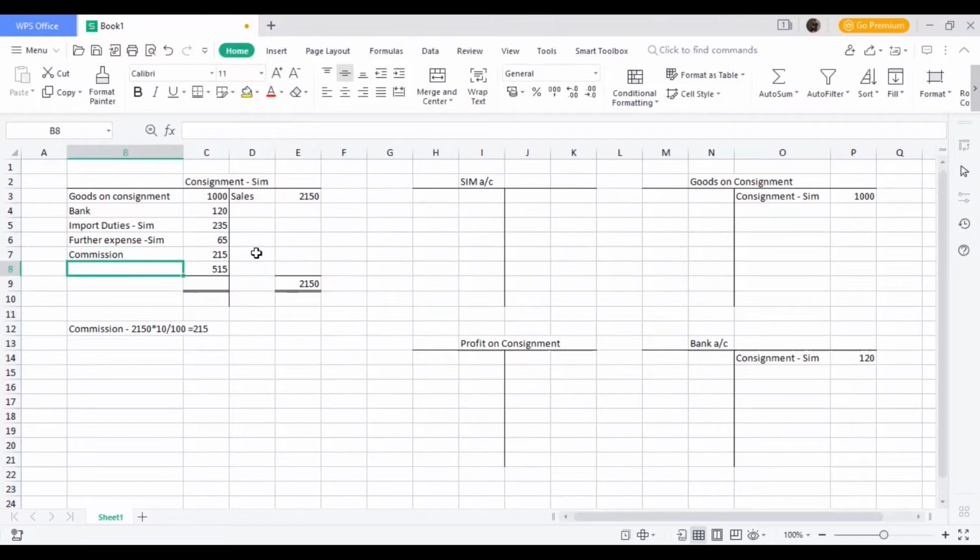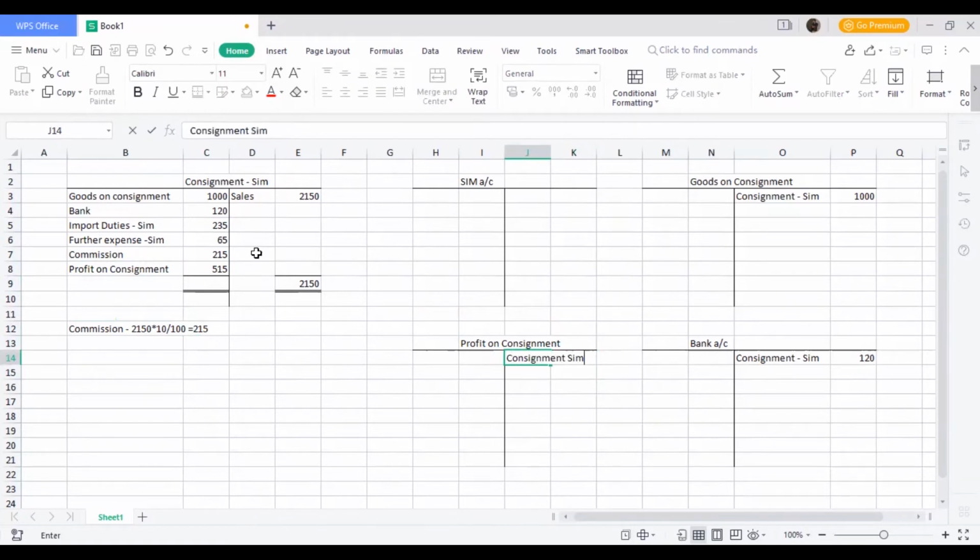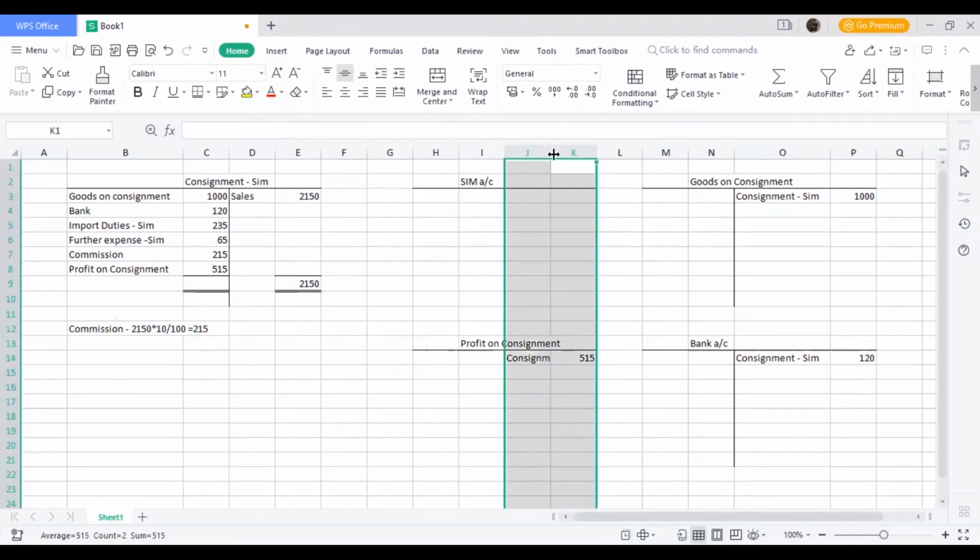I get the profit of how much? 1,515. This I should transfer to the profit account. Here I'll write consignment SIM. Okay, easy as that.